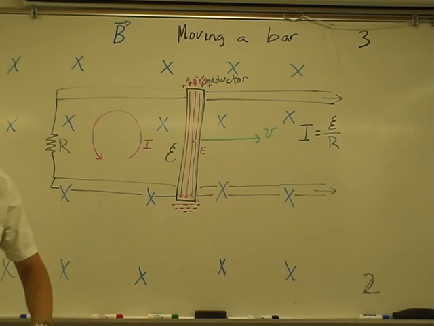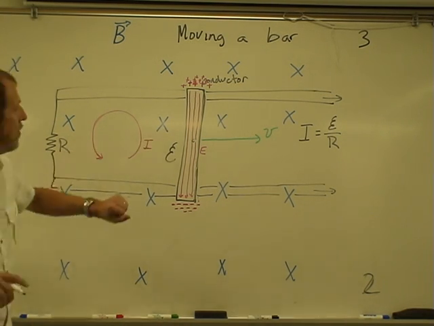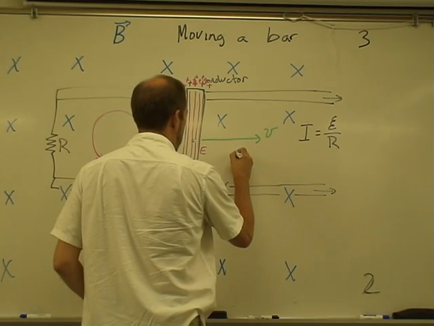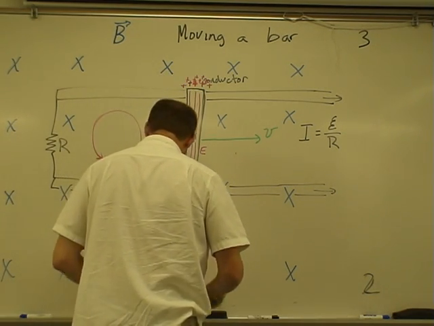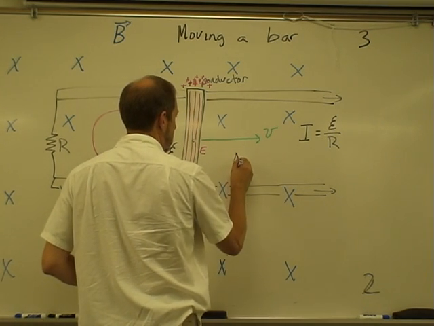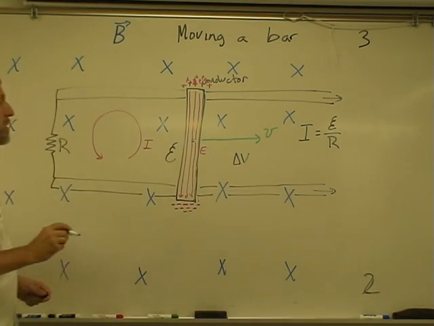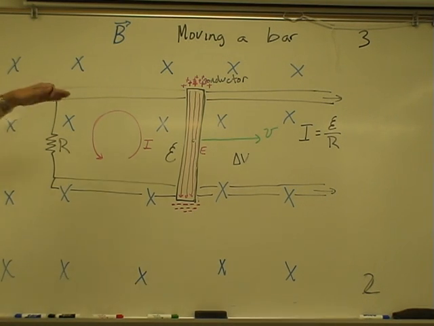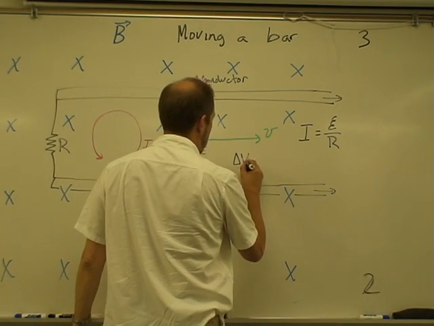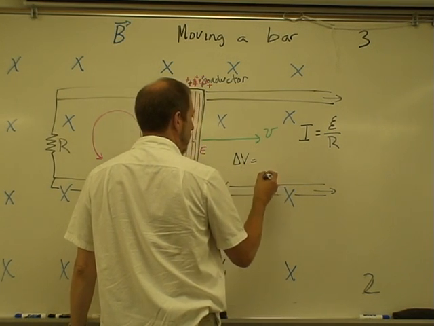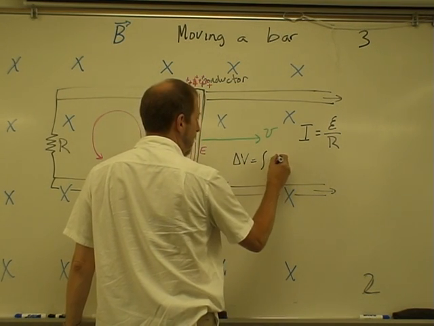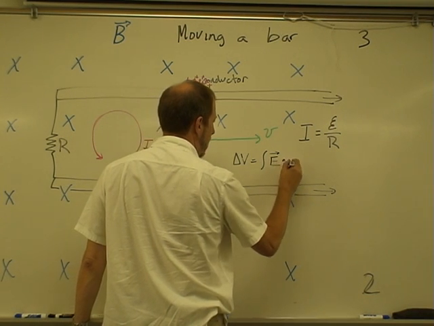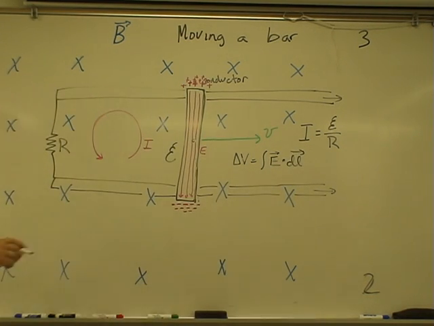Now, what is that induced EMF? Well, the induced EMF is the change in potential from one end to the other of the bar. So that's equal to the integral over the path of E dot dl as I go along the bar.